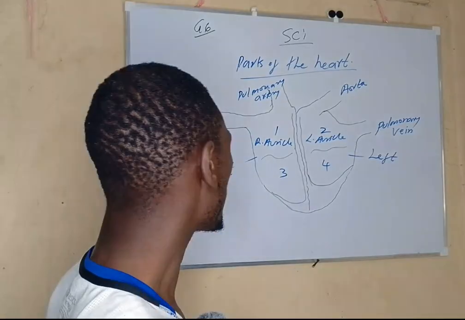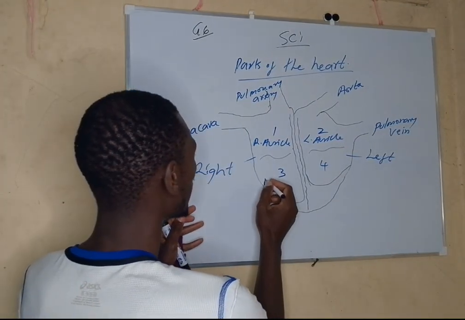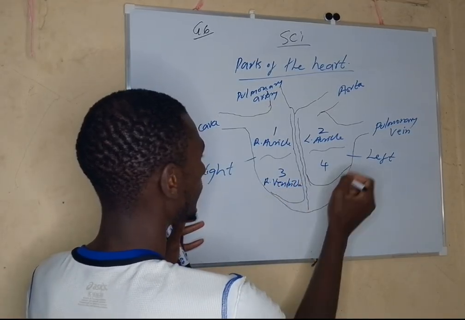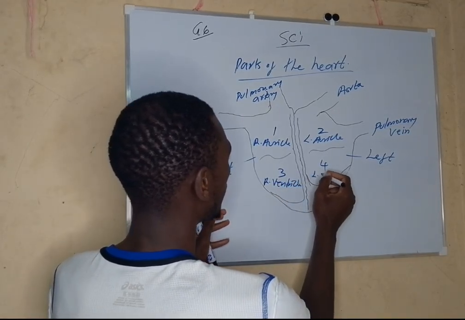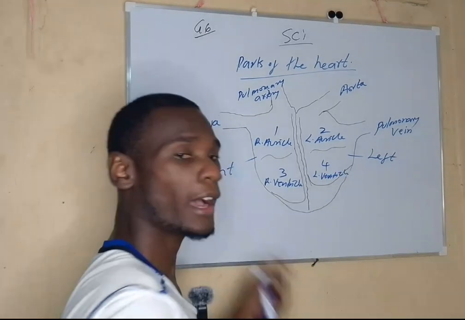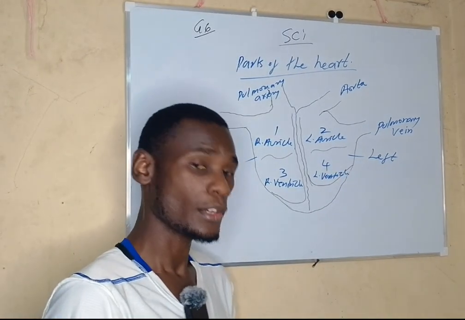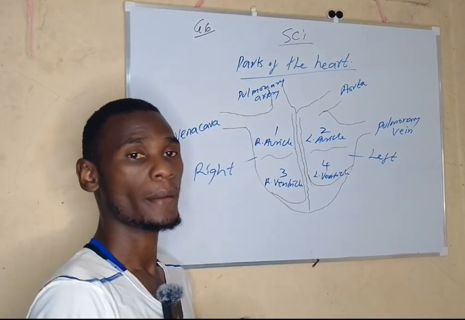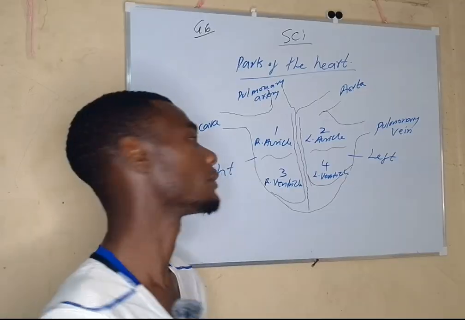The one on the right is called the right ventricle. The one on the left is the left ventricle. As simple as that. So you are done with the parts of the heart.